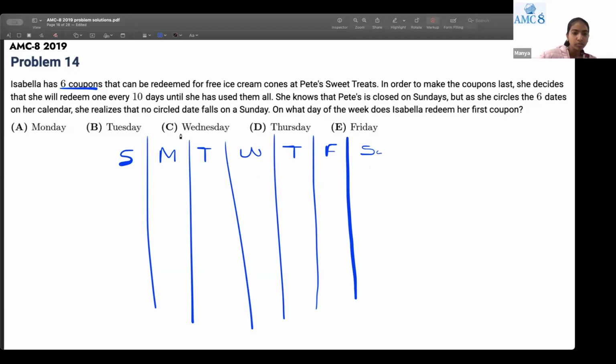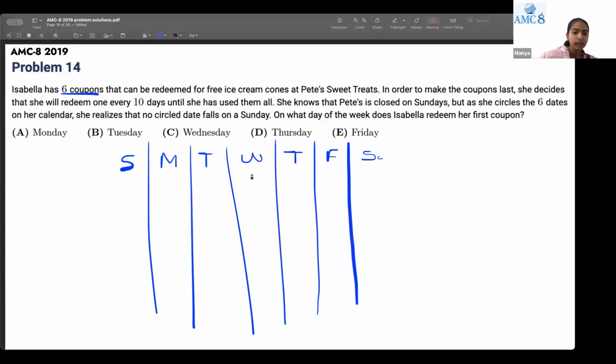Or wait, suppose that we start with Wednesday, since it's the middle of the week.